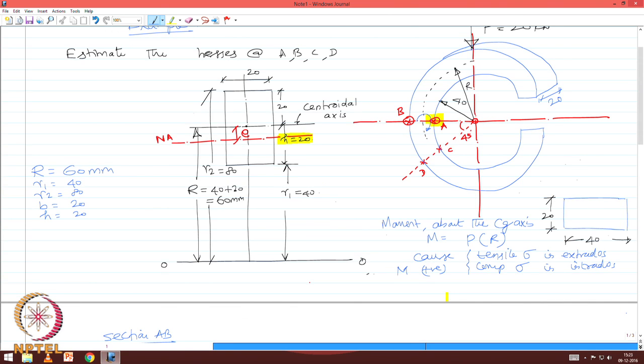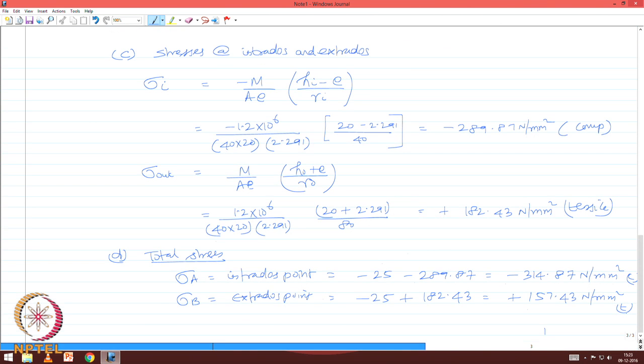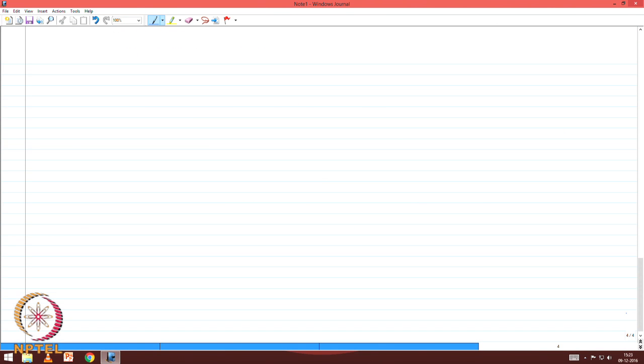We need to also work out the stress at one more section, CD, which is located at 45 degrees. Let us go for section CD. Section CD is located at 45 degrees.